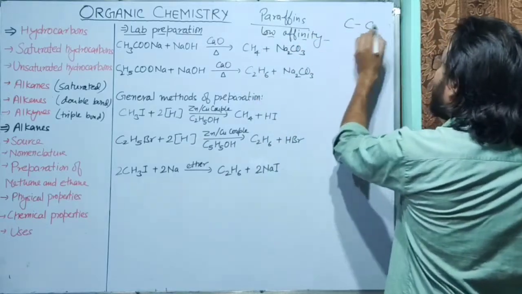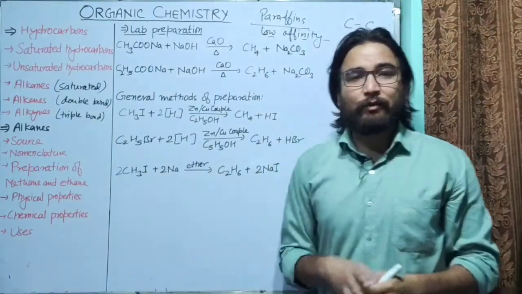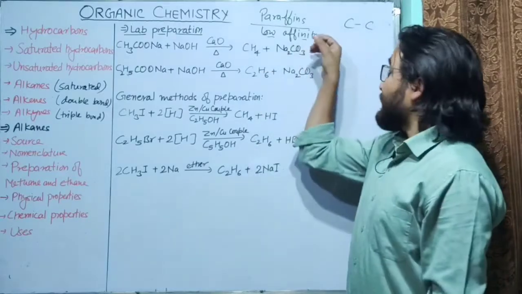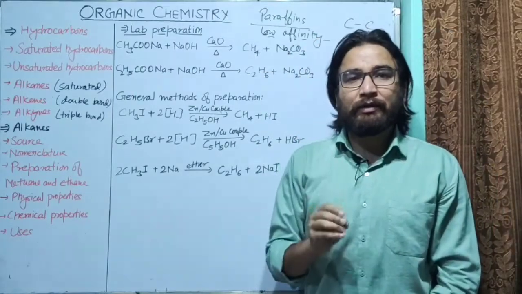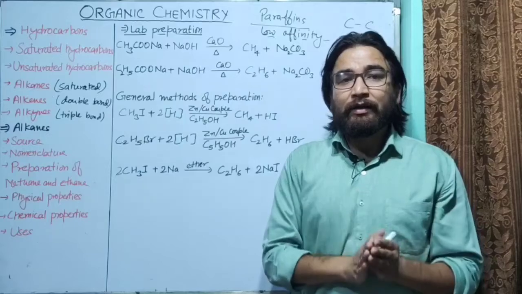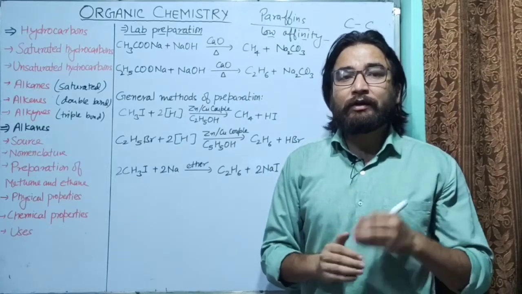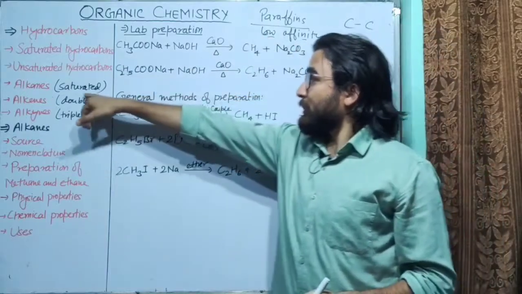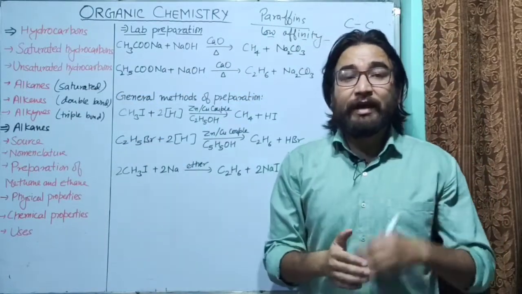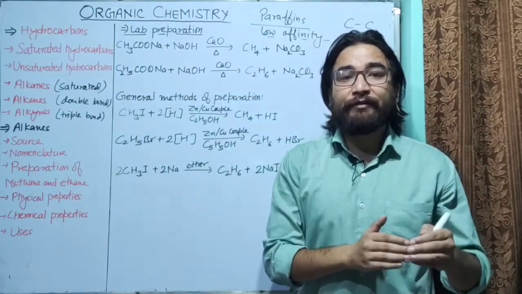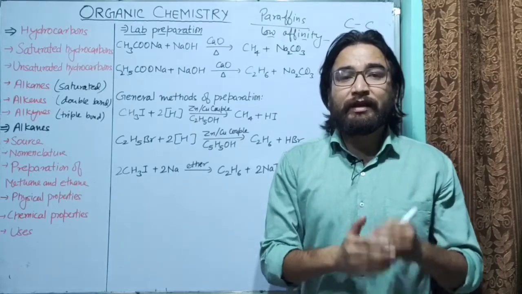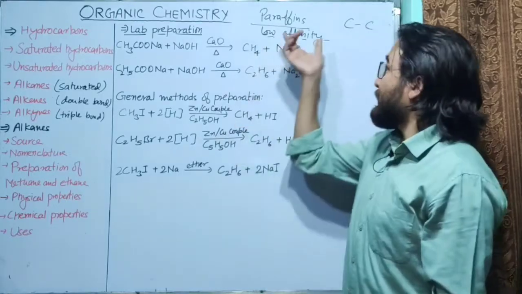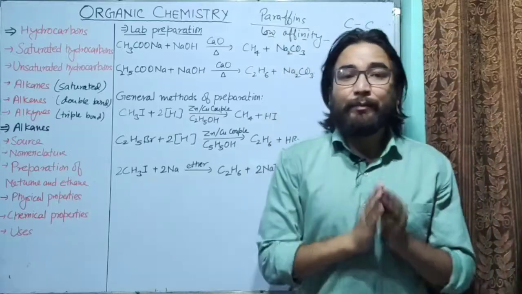As I told you, there are only single bonds between carbon atoms, so the carbon atoms cannot undergo addition reaction. Therefore, the saturated hydrocarbons, or alkanes, have very low affinity for a reaction, meaning they are very less reactive, that's why they are also known as paraffins.